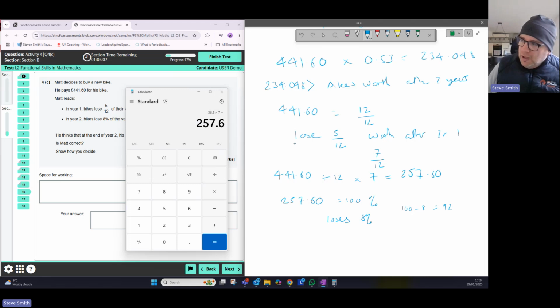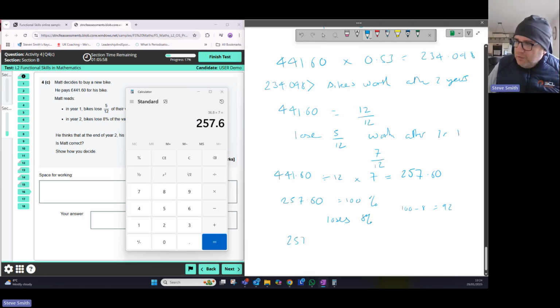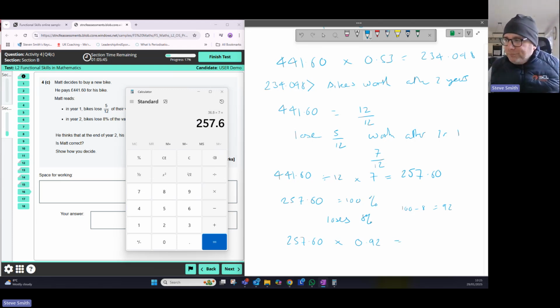To find 92% of that value, we do what we did above when we were working out 53%. We don't do 0.53 because that's 53%, but we do 257.60 multiplied by our 92% that we want to keep, because we've got rid of the 8%. We lost that bit, so we only need 92% of it. Again, we can work out 257.60 divided by 100, which is 1%, times by 8, and then take that amount away.